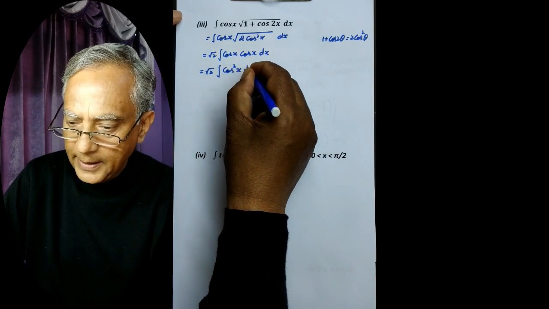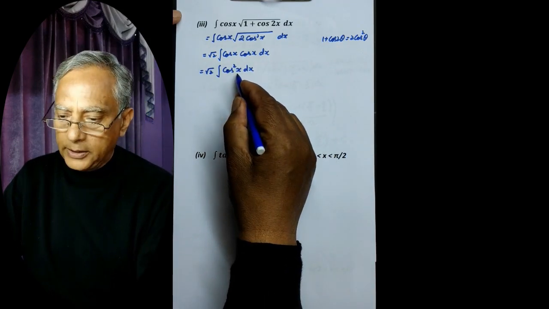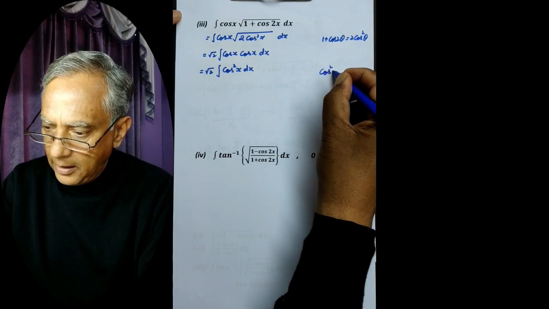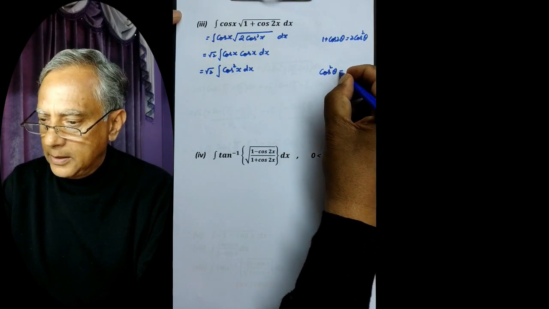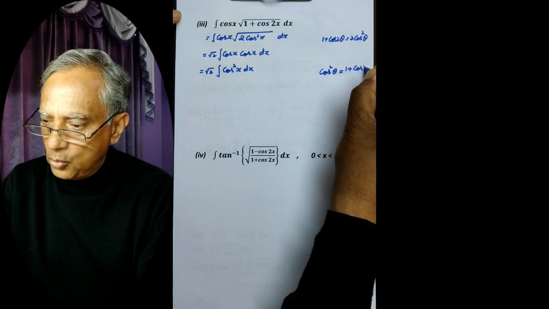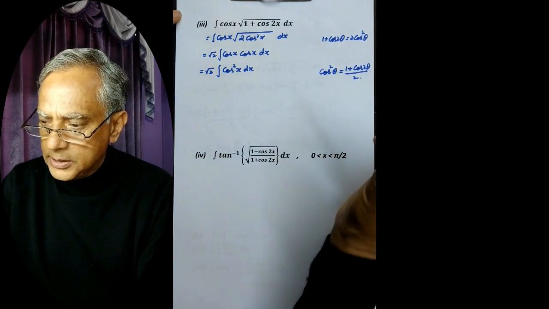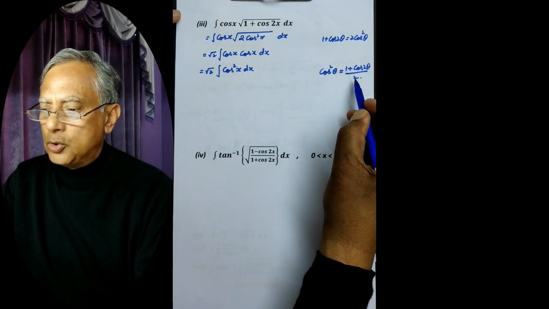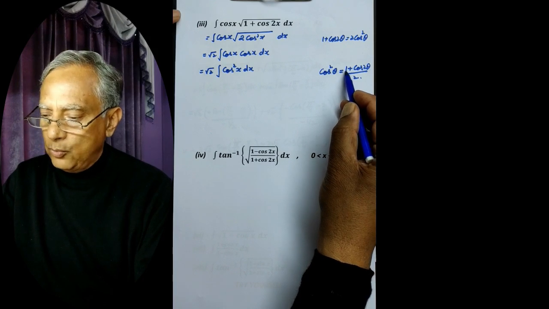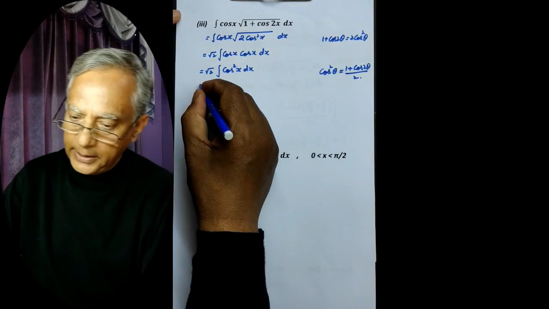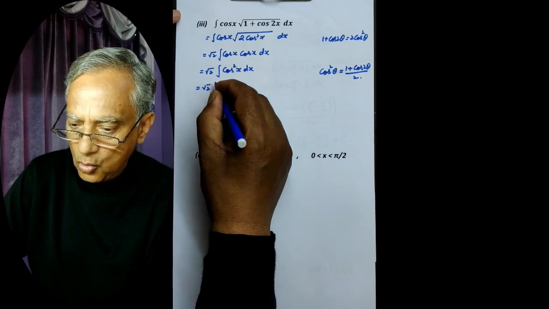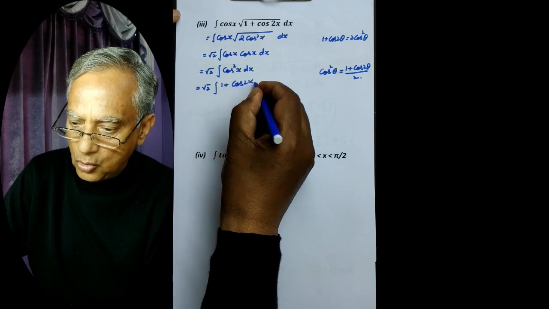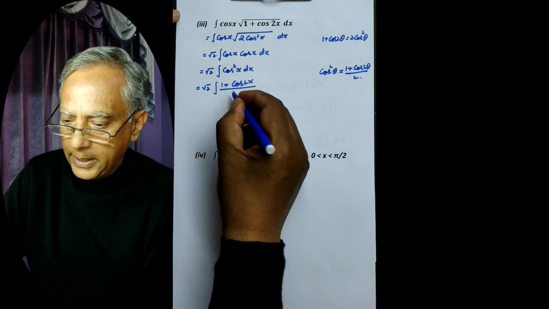cos square x. And for this we will again use this formula. We can remove the power and separate the two integrals into simpler integrals. Now cos square x can be written as 1 plus cos 2 theta, 1 by 2 will be common and we can integrate 1 and cos 2 theta. So this will be under root 2 into integral of 1 plus cos 2x whole divided by 2.